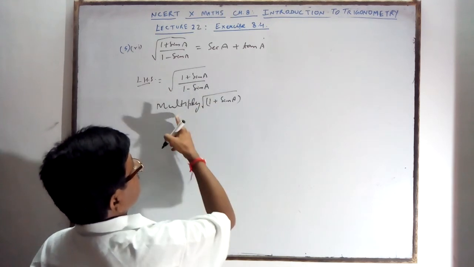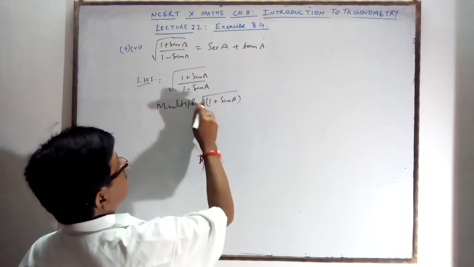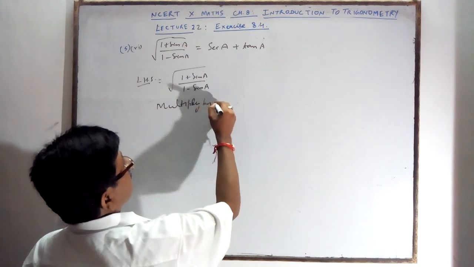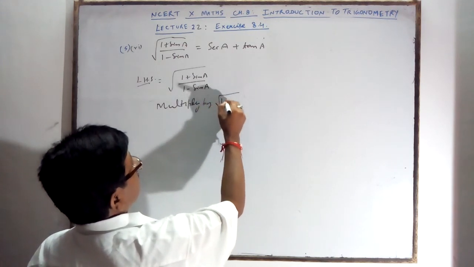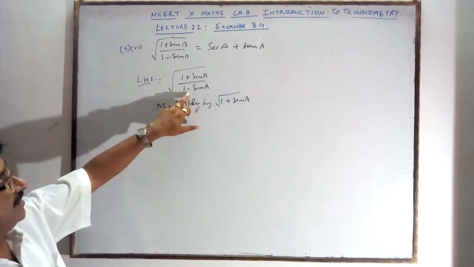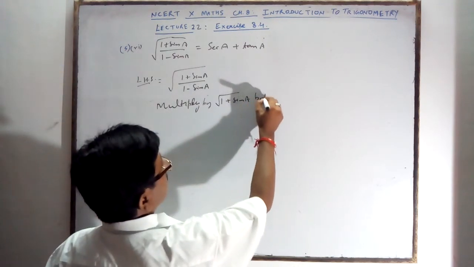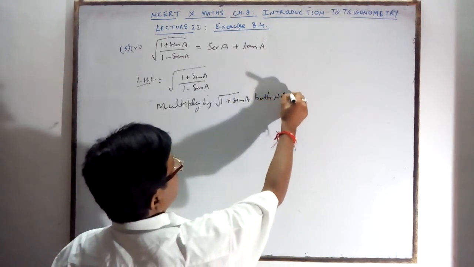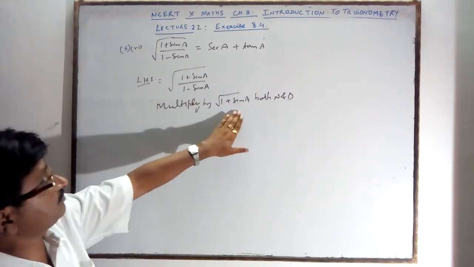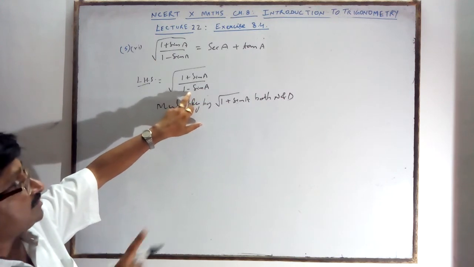With the root, you are multiplying by root, here multiplying by under root 1 plus sin A. What is given in the denominator? Just the opposite sign. Minus is given, then plus sign. Both numerator and denominator you are multiplying by under root 1 plus sin A. Class 9th you know root 3 minus 1, then root 3 plus 1 will be.